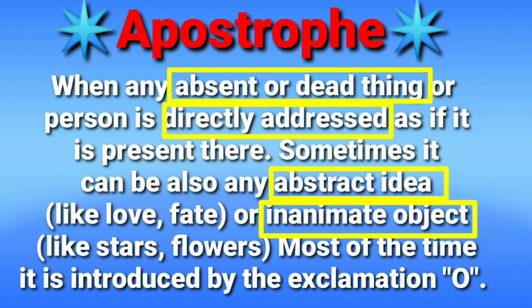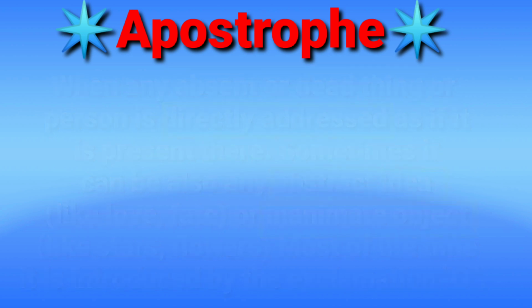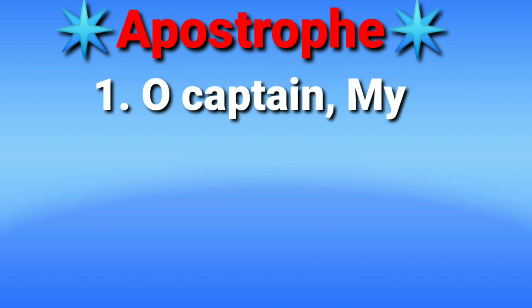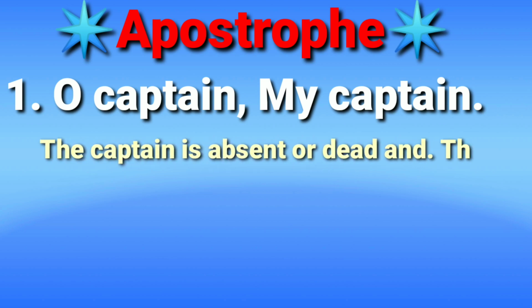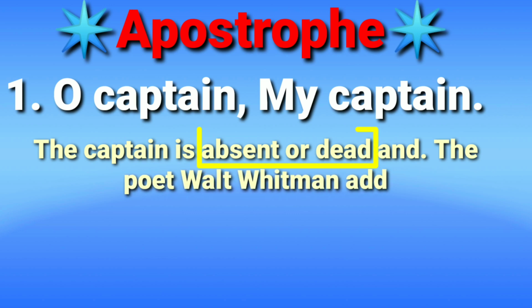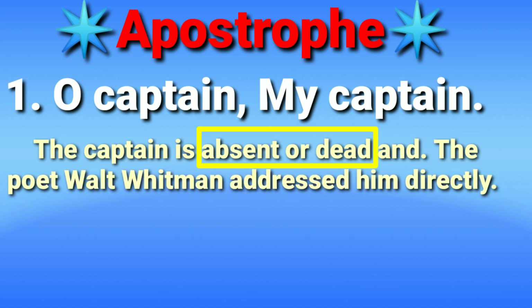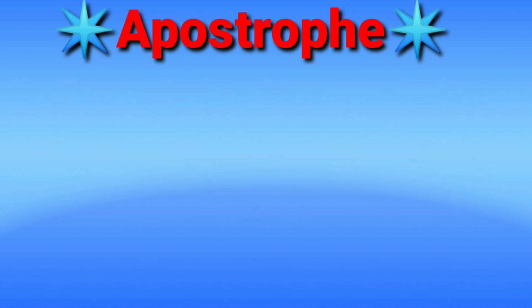Now let's understand it through the example. Look at the very first example. "Oh, Captain, my Captain." In this example, you can see the captain is absent or dead, and is directly addressed. So this is how it is apostrophe.